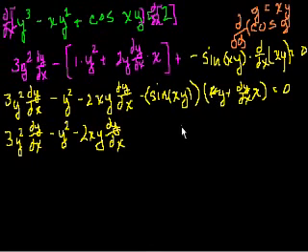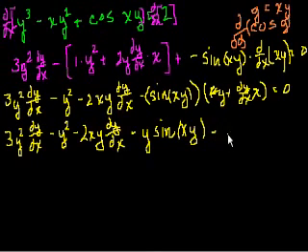This is just a 1. So it's minus y sine of xy minus x dy/dx sine of xy. I'm just simplifying. This is just algebra. xy is equal to 0.